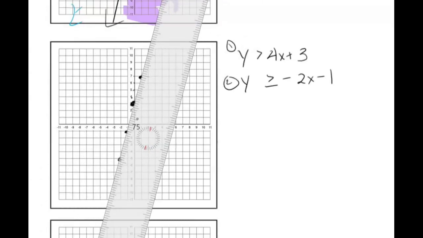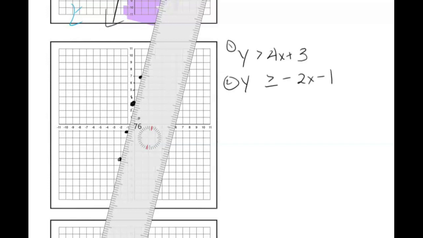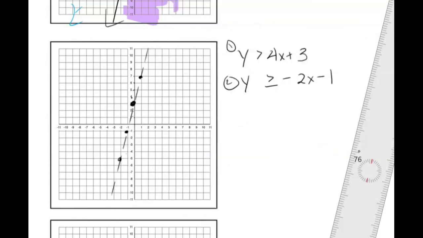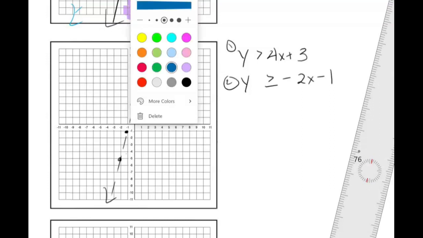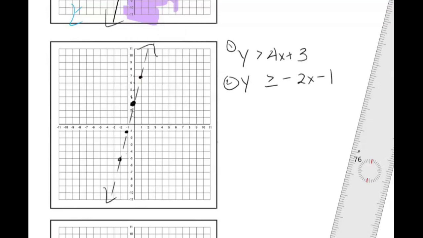All right, dotted or solid line, folks? What do you think? Dotted, because it's not equal to. Now, is this going to be shaded above or below?